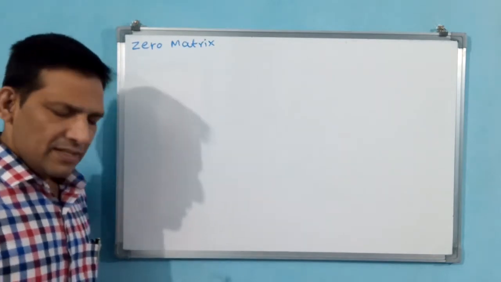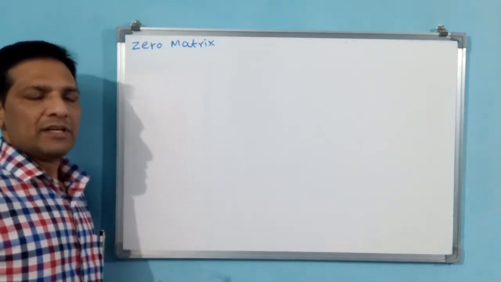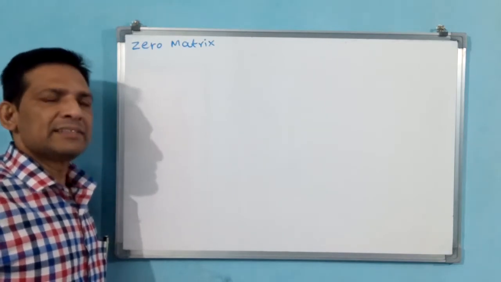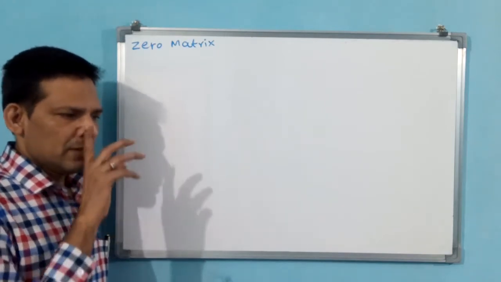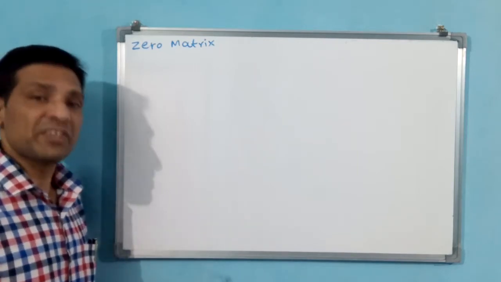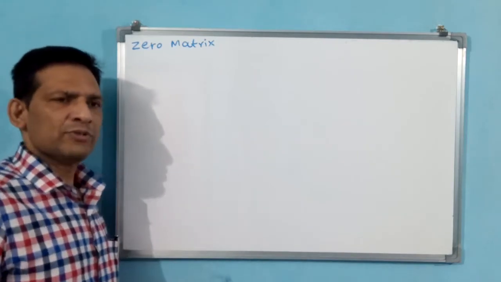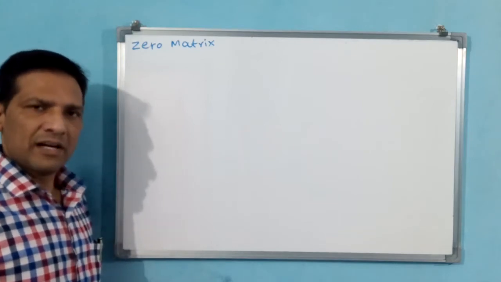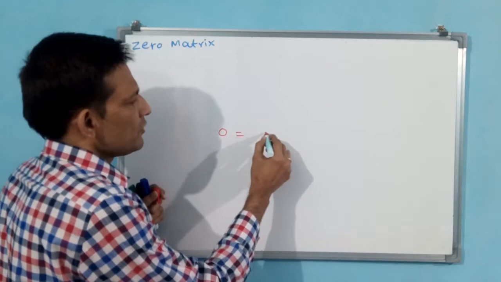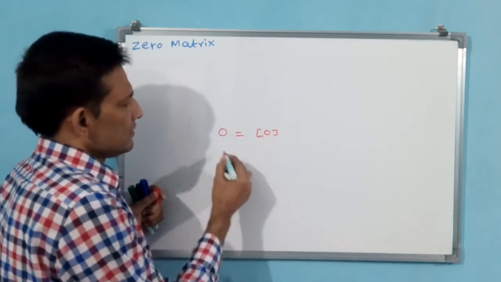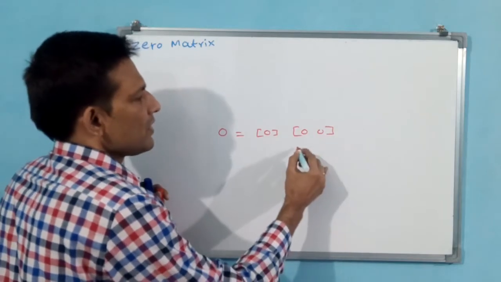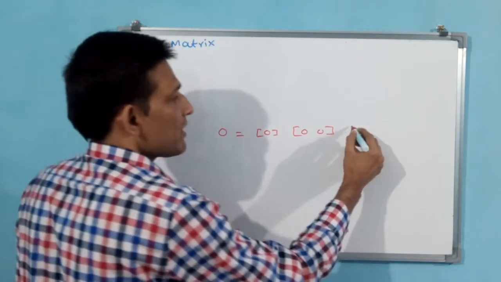Okay, see, in addition also we have seen zero matrix. Zero matrix we know O is the zero matrix and that doesn't have any fixed order. Whatever order you want to take, you take. That is called O. O you can take as a single zero, or double zero, 1 by 2 or 2 by 1 also you can take.